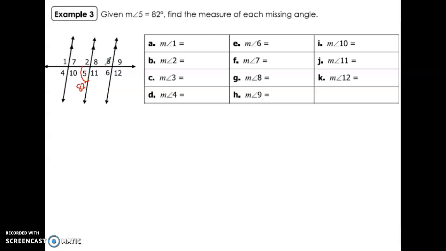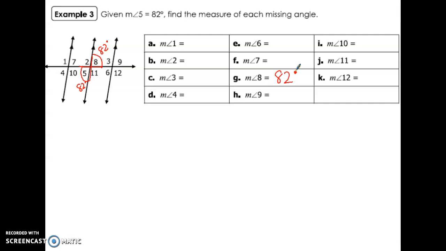So based on my x right here, I could say that angle 8 also has 82 degrees. We didn't have to do much for that. It's a vertical angle. It's congruent.